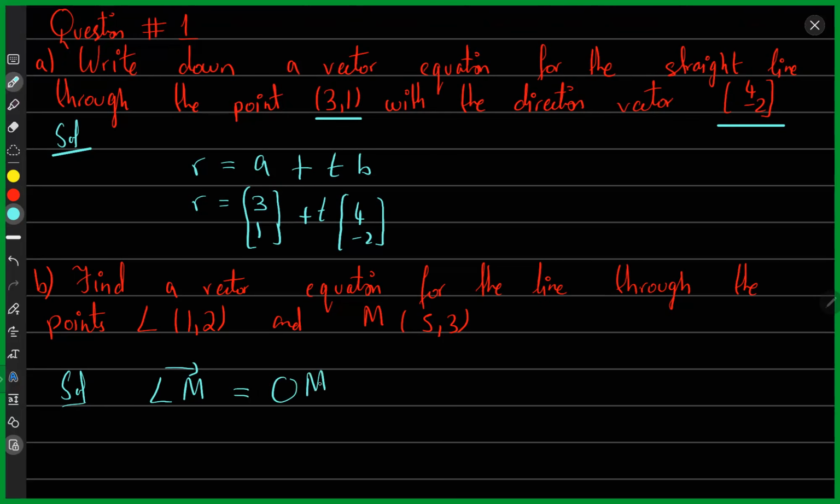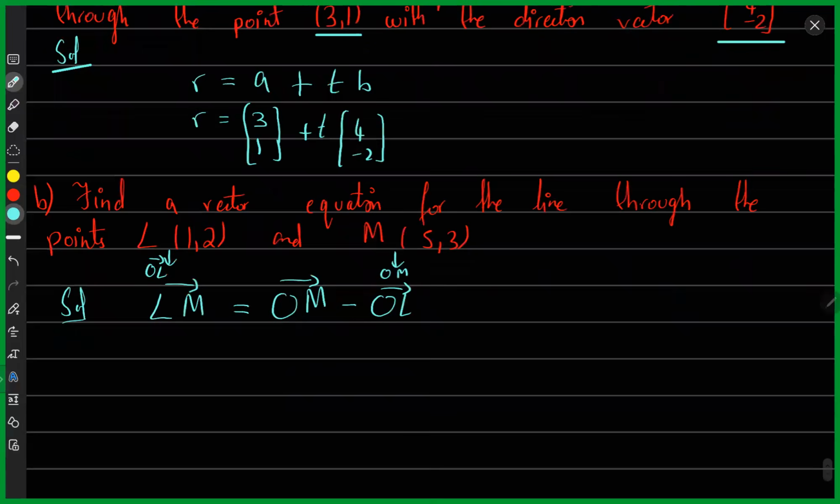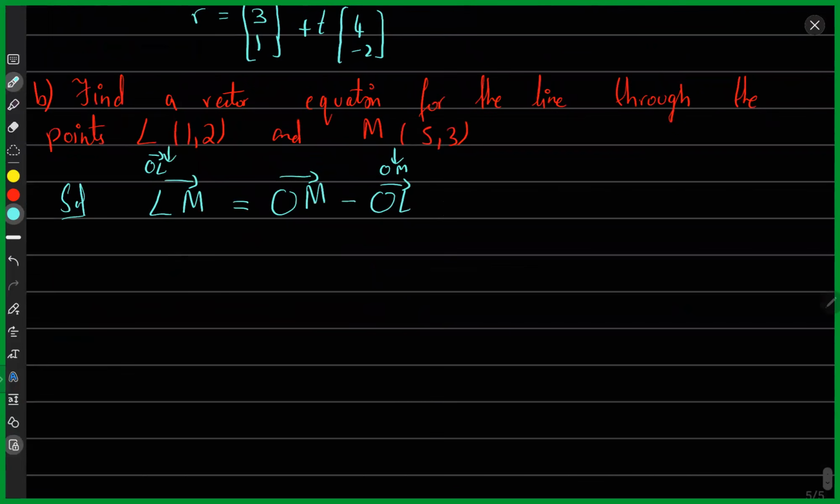LM is going to be OM minus OL, and one thing is certain, this is basically OL and this is OM, okay? So I can write it as 5, 3 minus 1, 2, and this is going to give you 4, 1. 4, 1 is basically the direction vector.